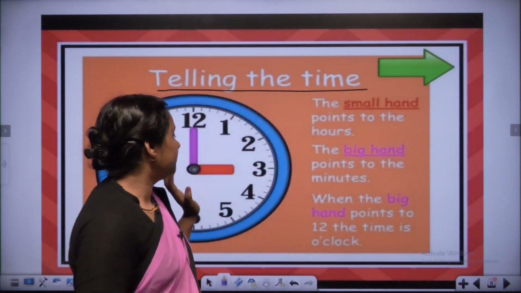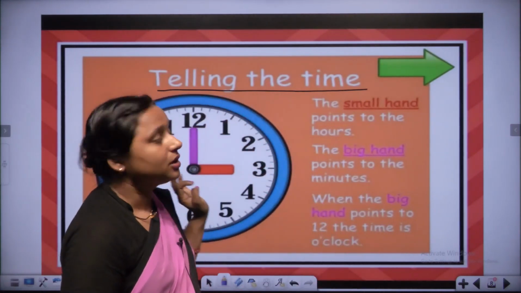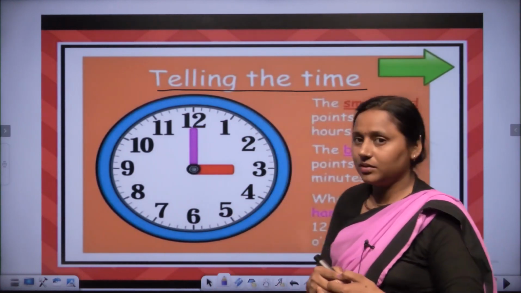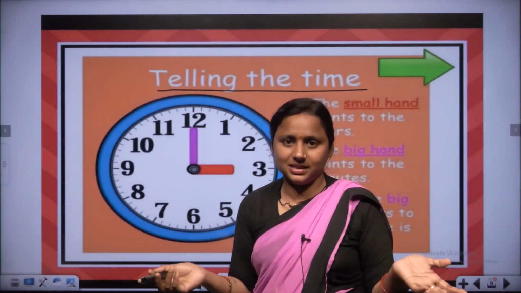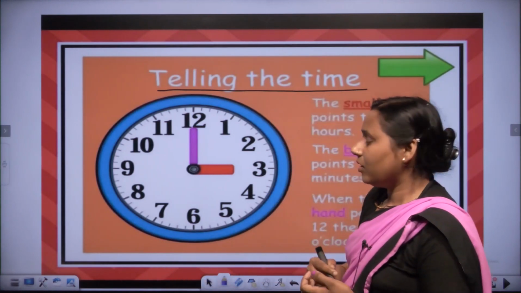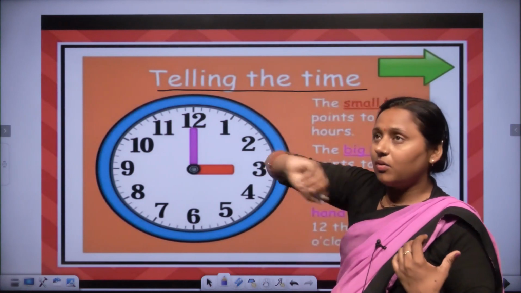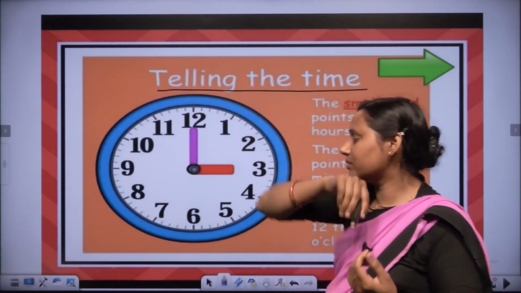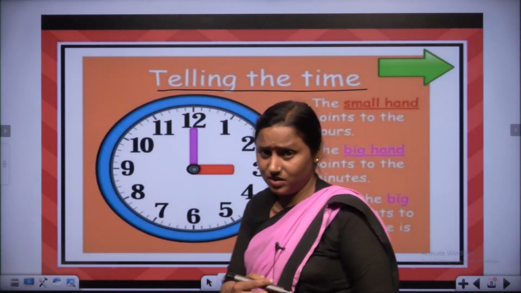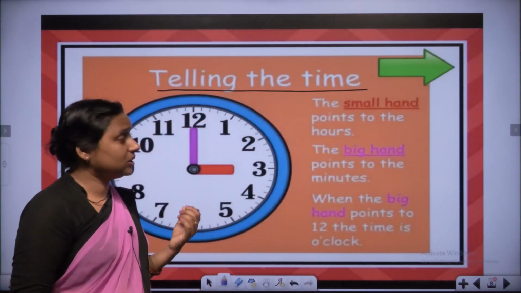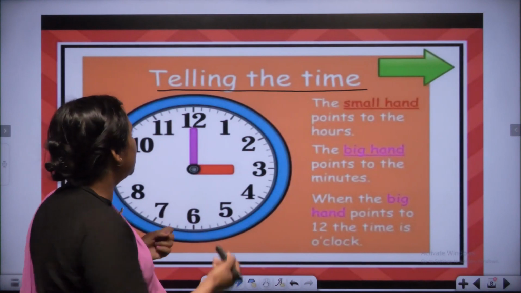Here, with the help of a clock, today we learn how to read the time on a clock. All of you see the clock in your home. Okay. On the wall, hanging on the wall, as well as on the wrist. Okay. How to read the time on the clock.